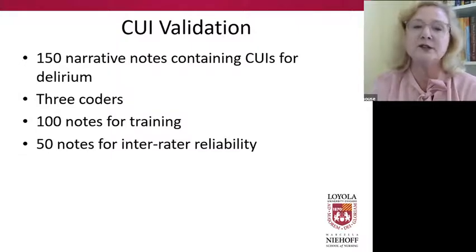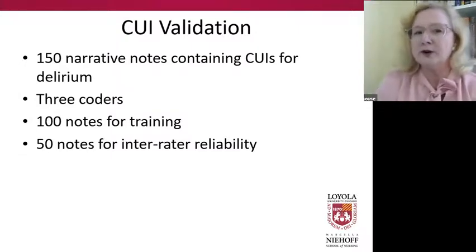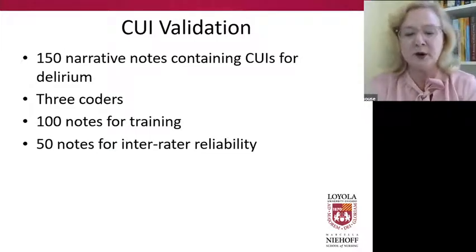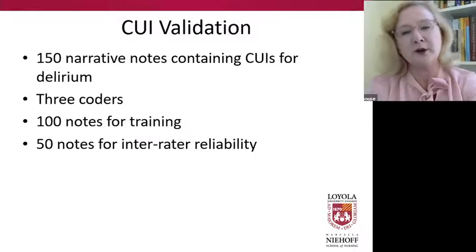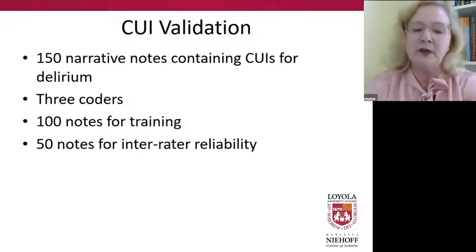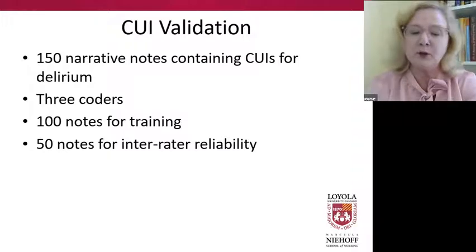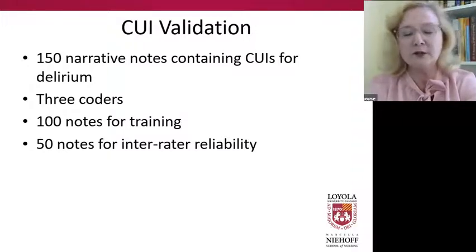Our research assistants were critical care nurses that had worked with older adults that had experienced delirium in the past. They were trained on delirium identification with the ChartDel, which is an instrument that's used for chart abstraction for delirium. We chose 150 random unique patient narrative notes, and we trained by coding 100 notes for accurate CUI use.